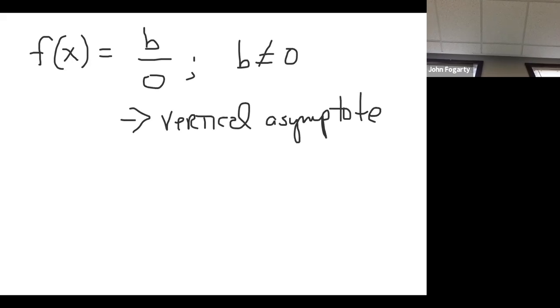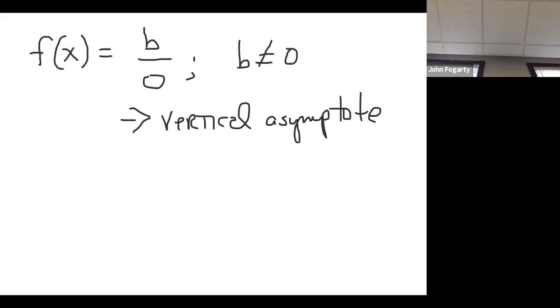Everybody following so far? So sometimes when you substitute, you're going to get a number. When you get a number, we're pretty confident that that's what the limit's going to be. Sometimes when you direct substitute, you get a number over 0, some number that's not 0 over 0, right?